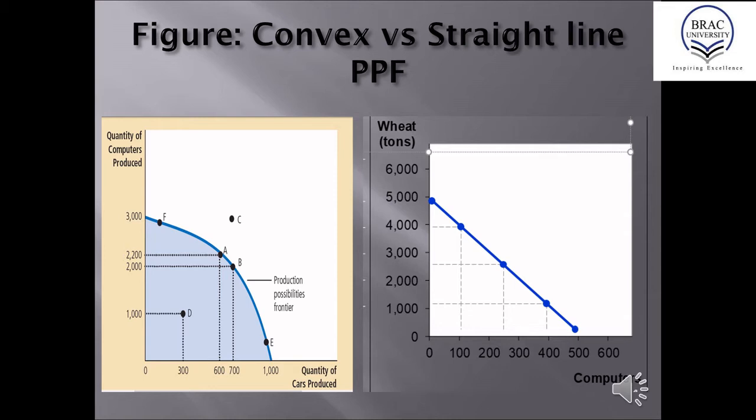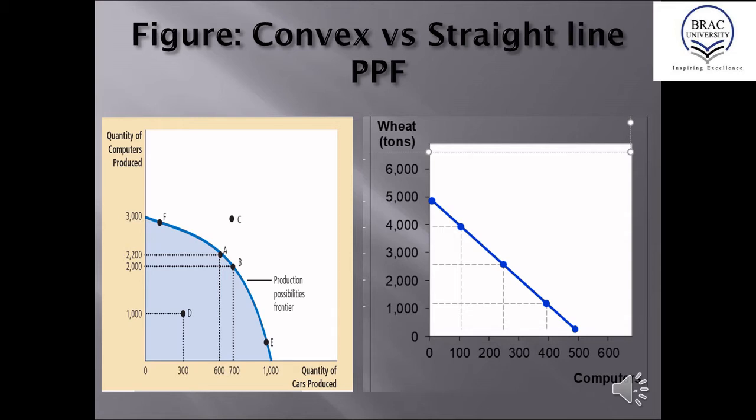So I have taken the values arbitrarily, but here if you see, the slope between point B and point E, the change in the number of computers would be 2000 minus 400, that is 1600, divided by the change in the number of cars, which is 900 minus 700, that equals 200.